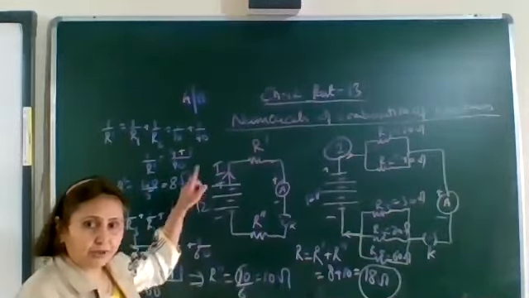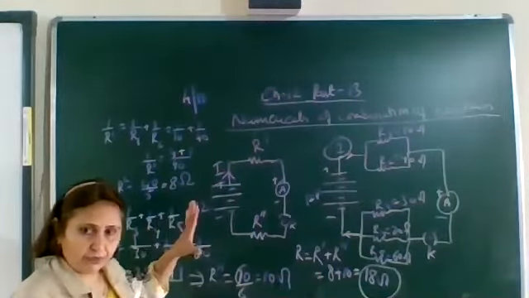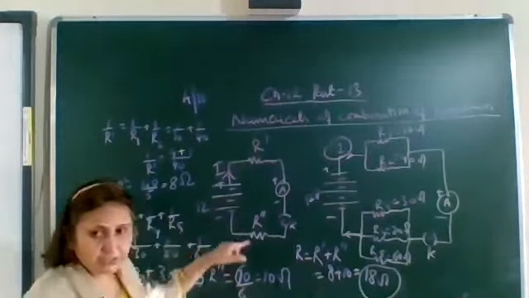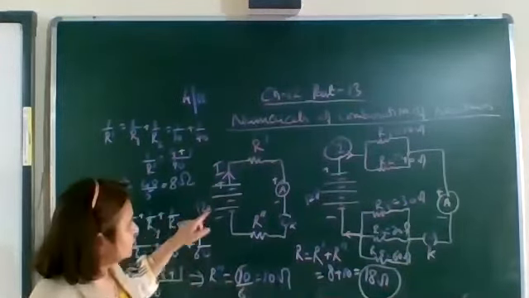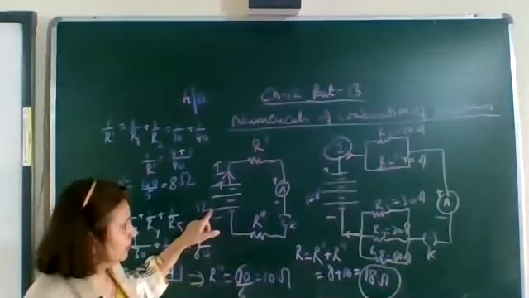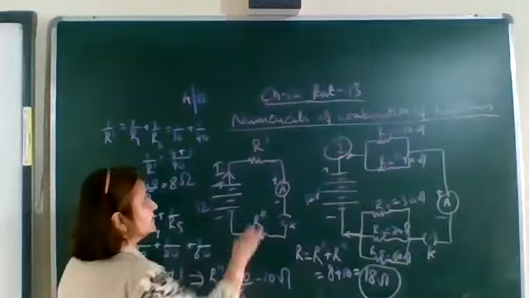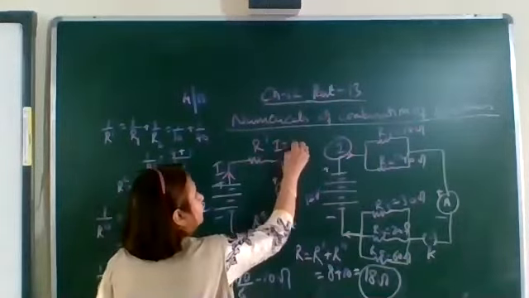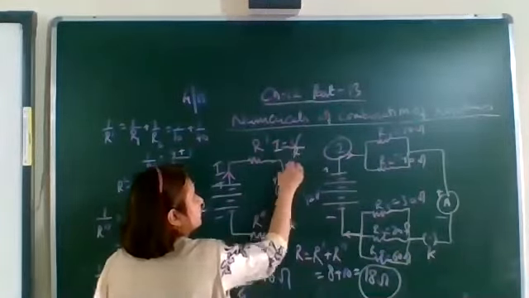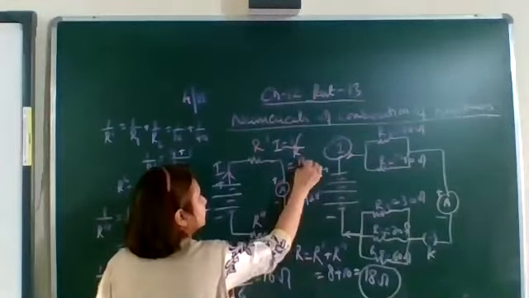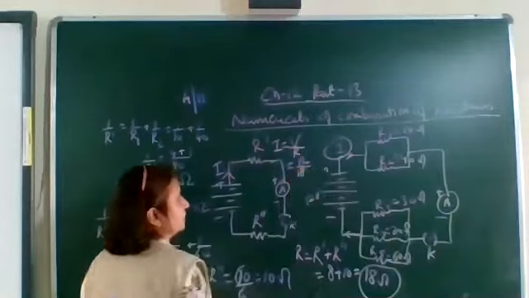According to Ohm's law, I is equal to V upon the equivalent resistance, where V is the potential difference given by the battery. V is 12 volt and the equivalent resistance is 18 ohms.